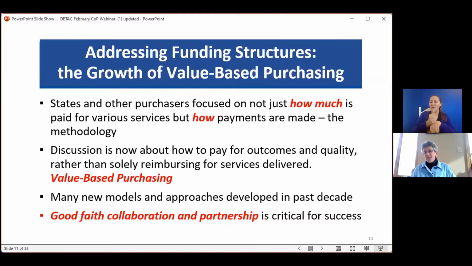I'm going to talk a little bit more about what value-based purchasing is before we hear from the other presenters. But over the past decade, I would say that there are many new models and approaches that have been developed that really focus on this idea of paying for outcomes and quality, and particularly around competitive integrated employment.